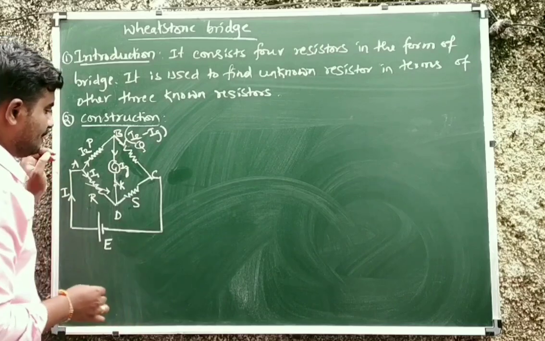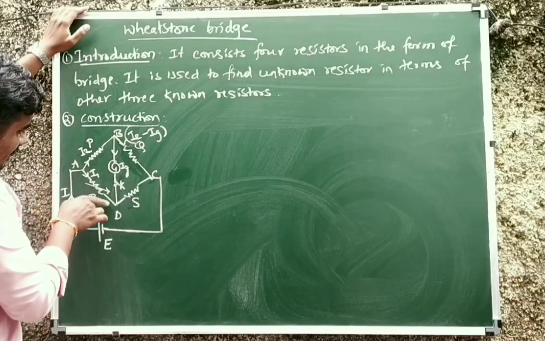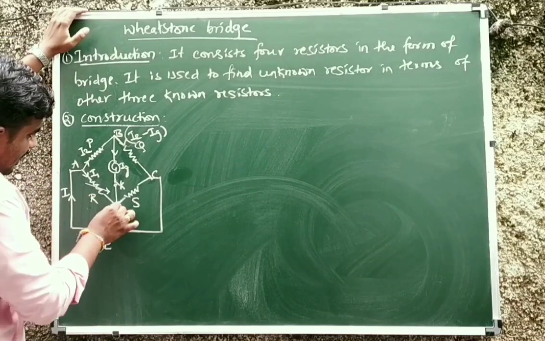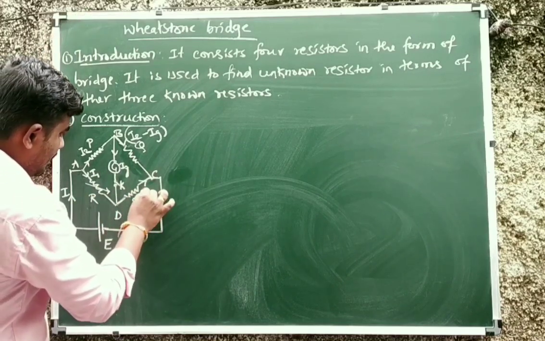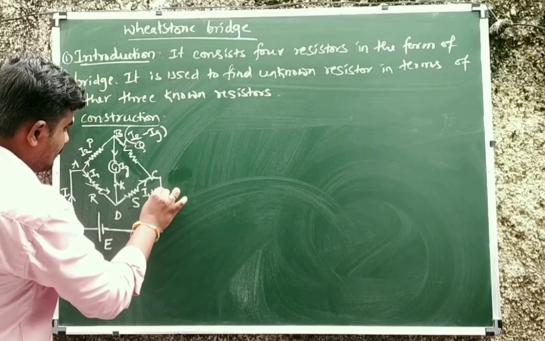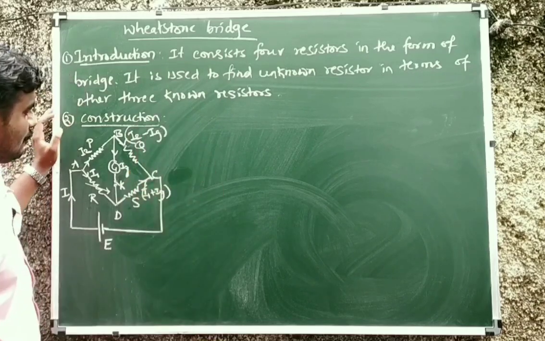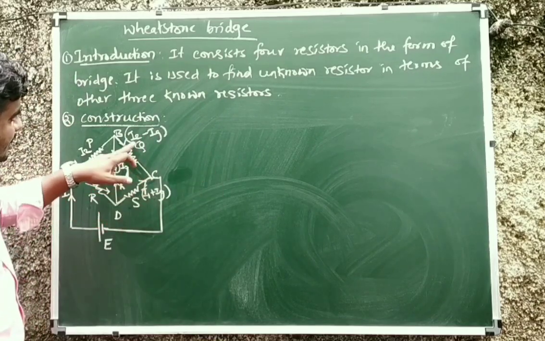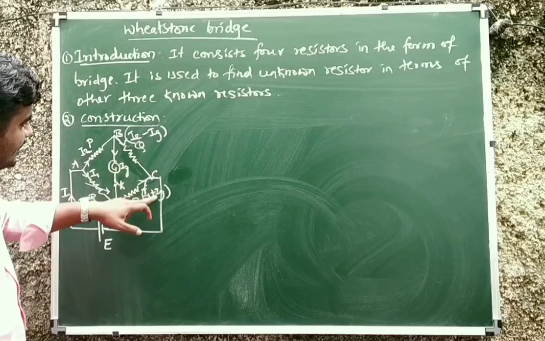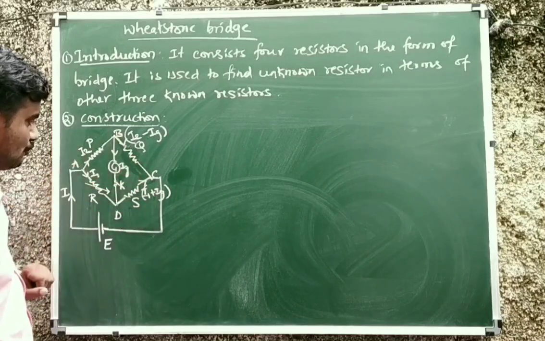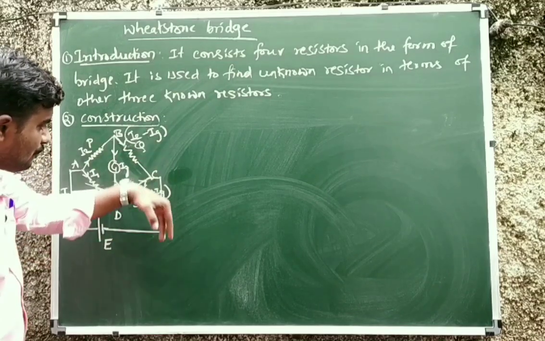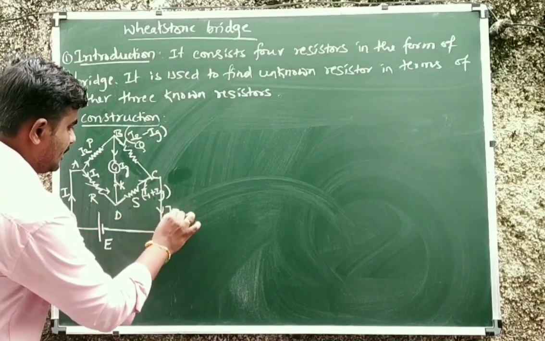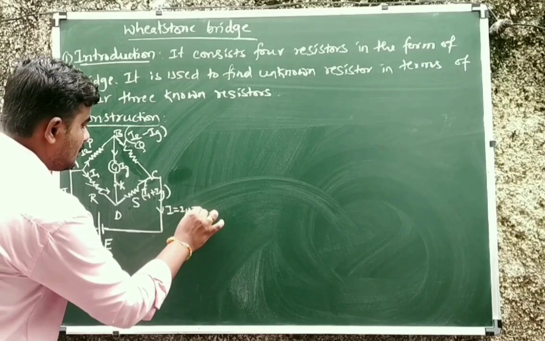Then I1 current is entering the junction D and IG current is entering the junction D. Therefore, the current is I1 plus IG. Once again, I1 plus IG plus I2 minus IG; IG cancels. What remains? I1 plus I2. It means I1 plus I2 is nothing but I. So I is equal to I1 plus I2.